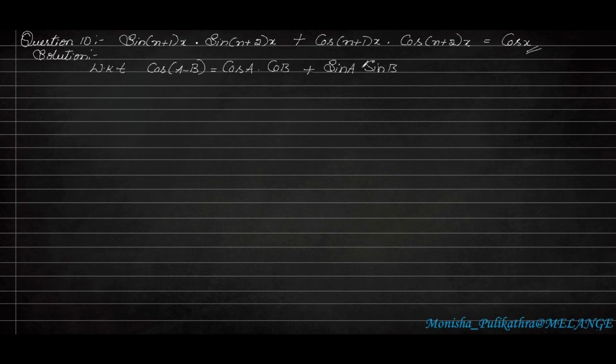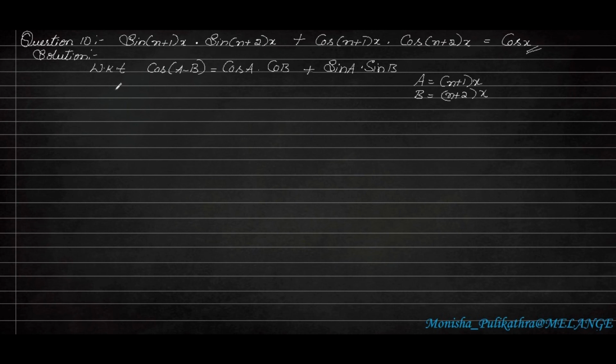The given question is in this form, that is sin a sin b plus cos a cos b. Here a is equal to (n plus 1)x and b is equal to (n plus 2)x. The whole thing is a and this whole thing is b.